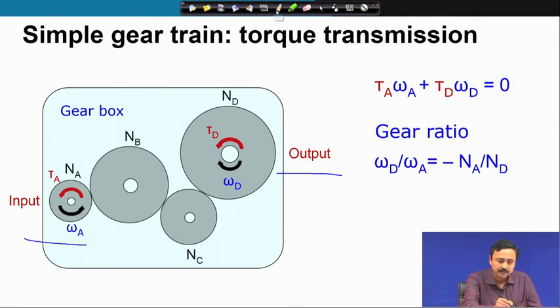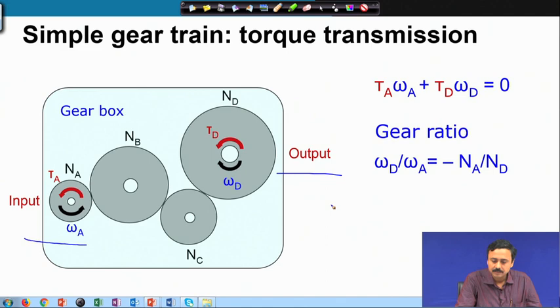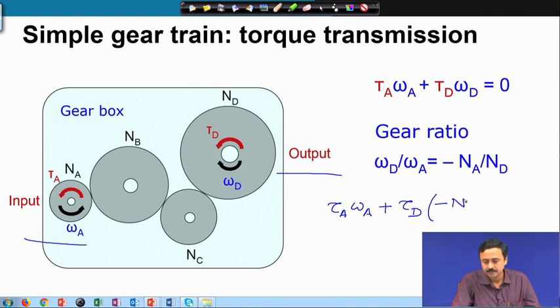then tau A omega A plus tau D times minus N A by N D times omega A is equal to 0.